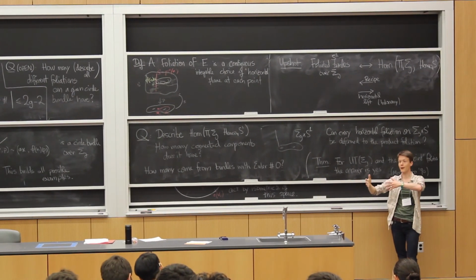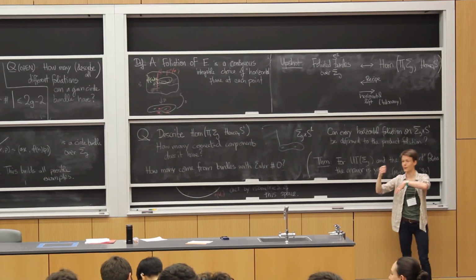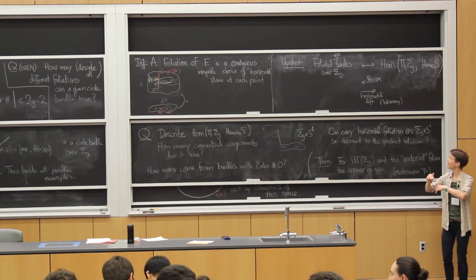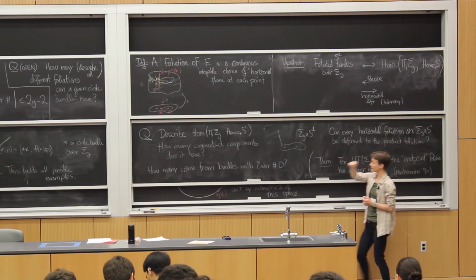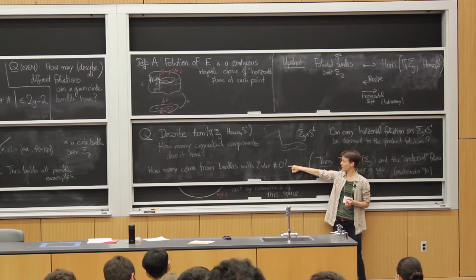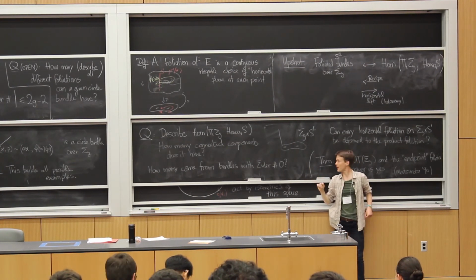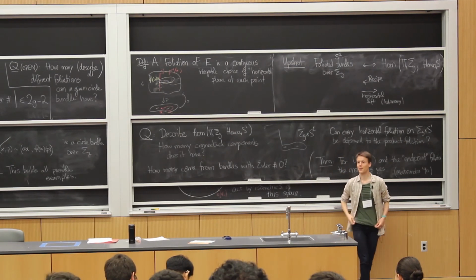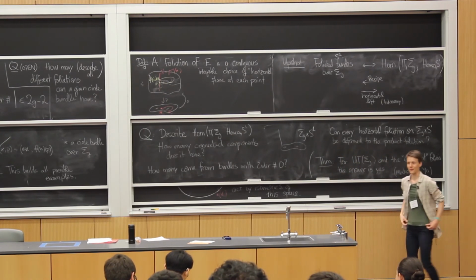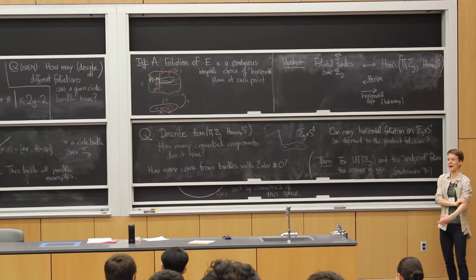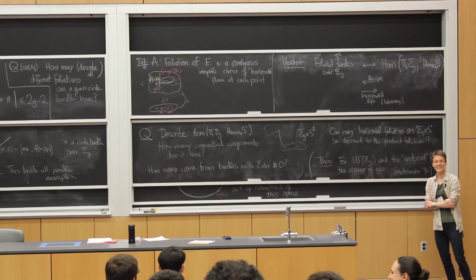So like PSL2R, or one of these finite covers of PSL2R, or something like this. If that's true, then the answer to this is just yes. Okay. So I'll say that's the bold conjecture at the moment, but it's a conjecture by optimism, not by evidence.